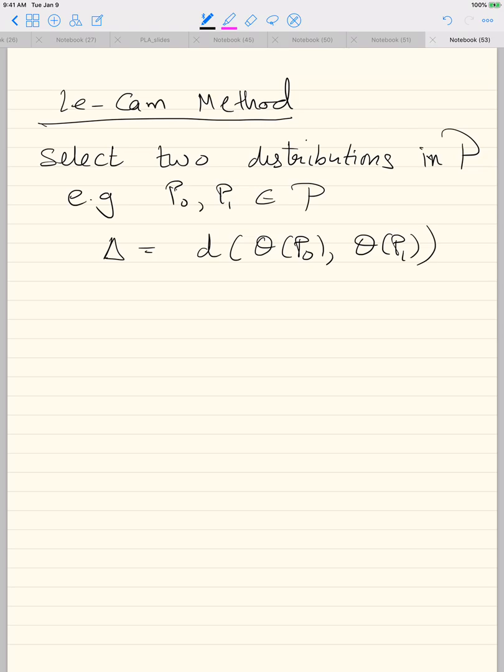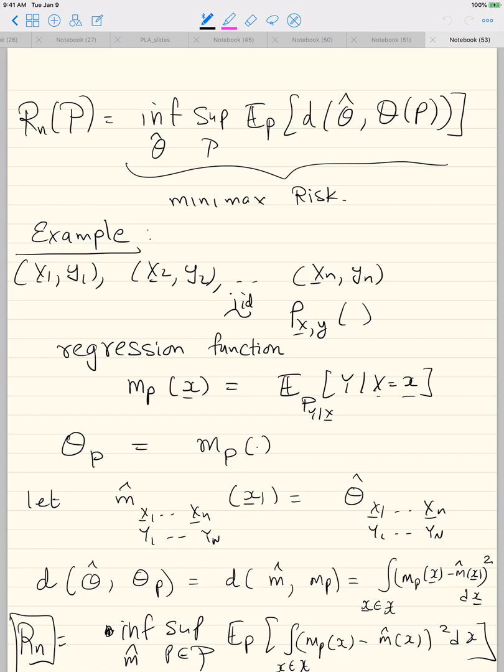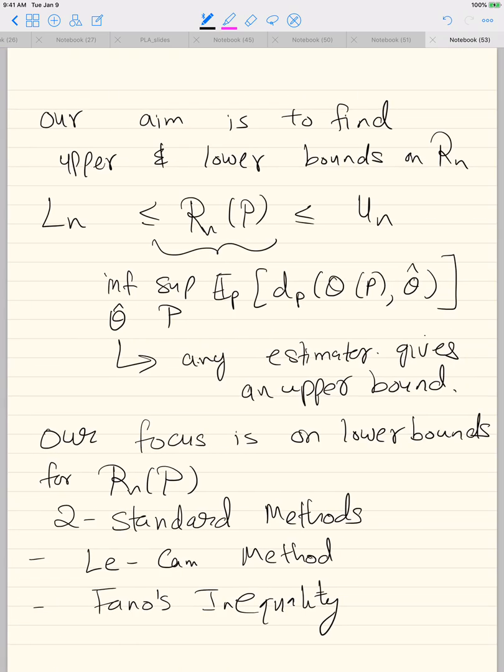So we are being extremely generous here. So note that if you restrict like this, you are naturally giving a lower bound, right? Here we had a supremum over all P. If you restrict this to a set of two distributions, you are only going to lower bound this quantity. And hence you get a lower bound on the overall minimax risk. If you are constraining this P to be a smaller set, we cannot do as well.